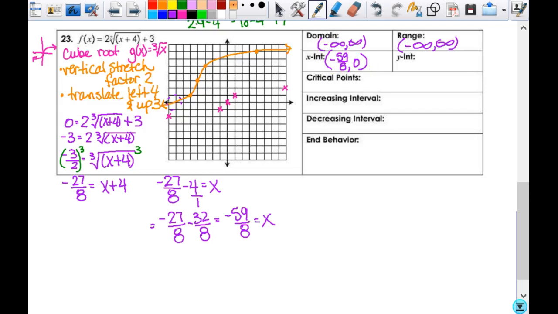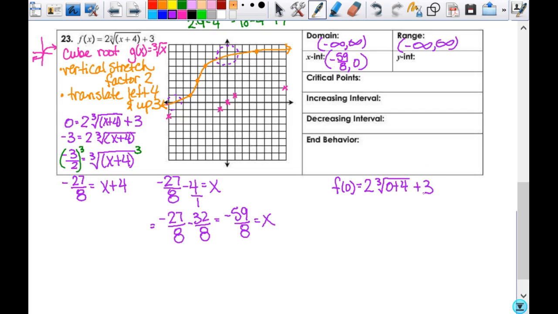Then I need to find my y-intercept. My y-intercept is about right here, but I don't know exactly what it is, and I do not get to guess off the graph. Your y-intercept you get when x is 0, so I need f of 0. It's going to be 2 times the cube root of 0 plus 4, plus 3.